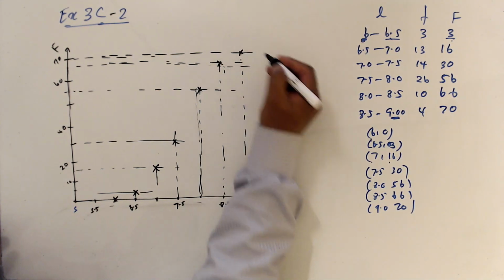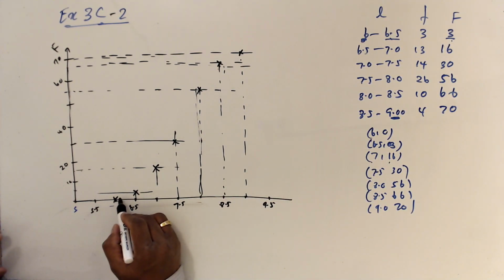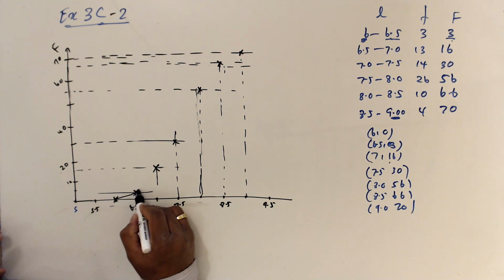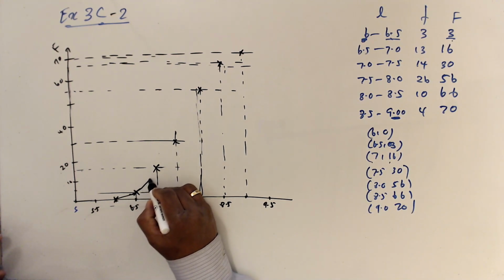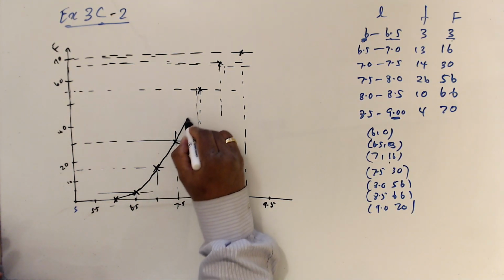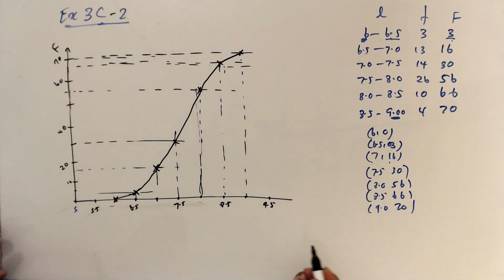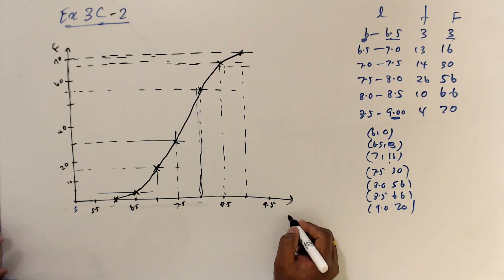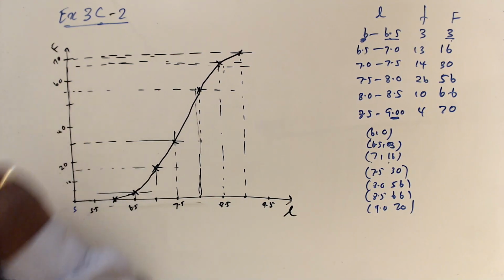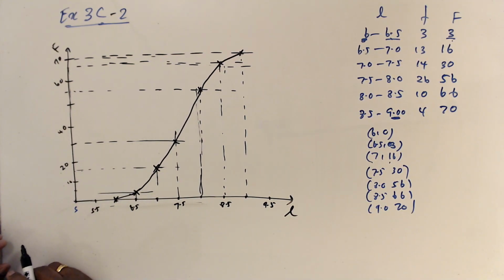So this is the curve. So we will get a curve like this. So this is L and this is capital F. Now we can answer the question.